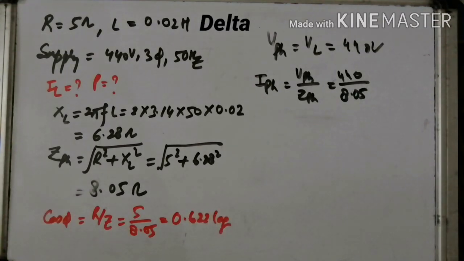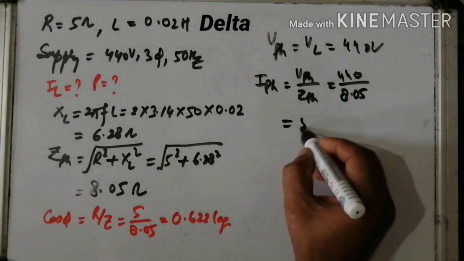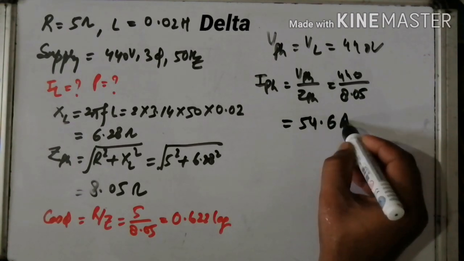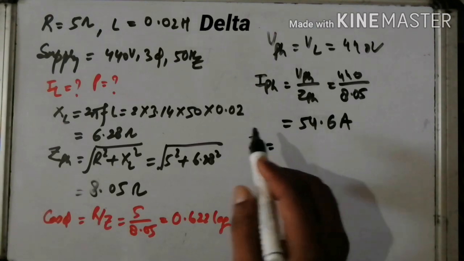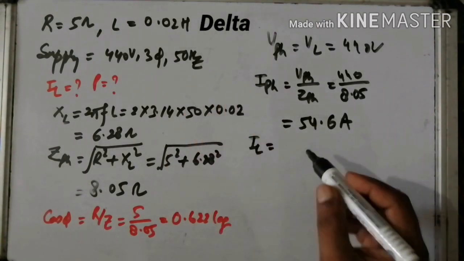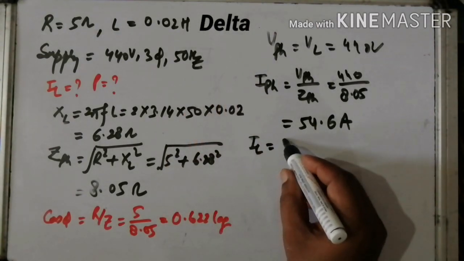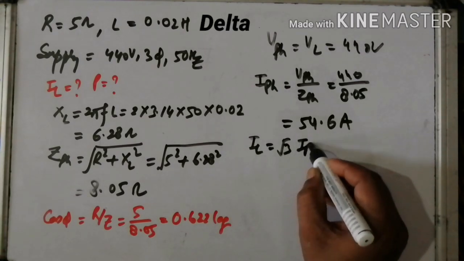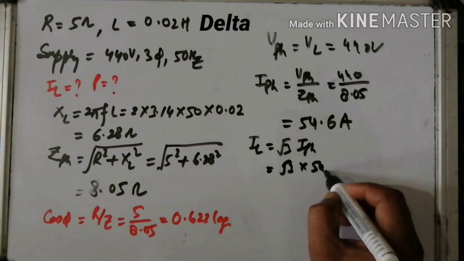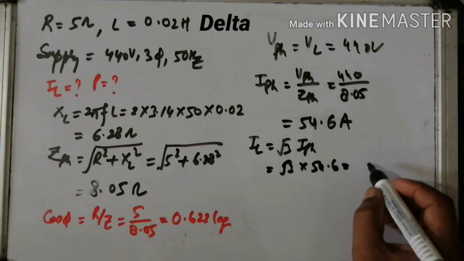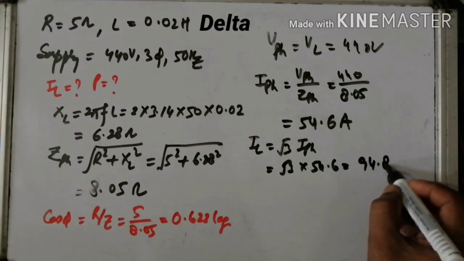So the current per phase is 54.6 ampere. And the line current, according to the delta, is under root 3 times of IPH, under root 3 times of 54.6, that is 94.8.